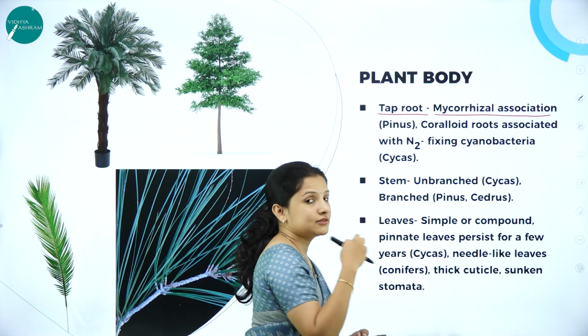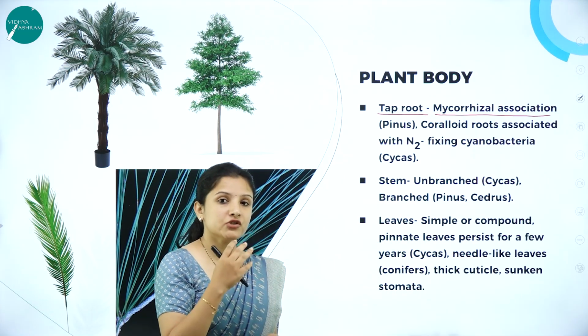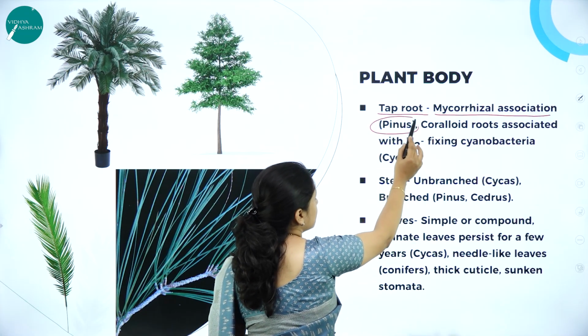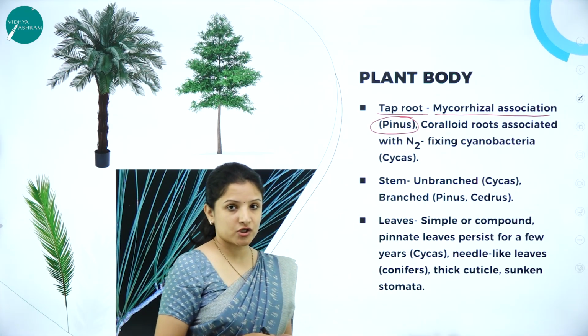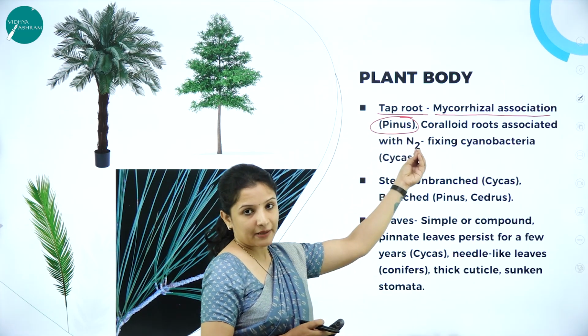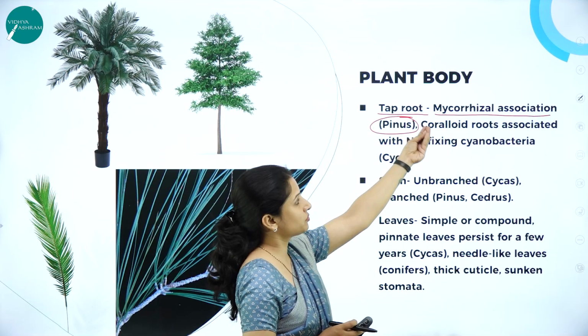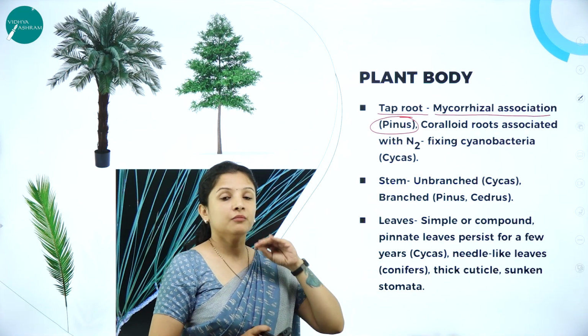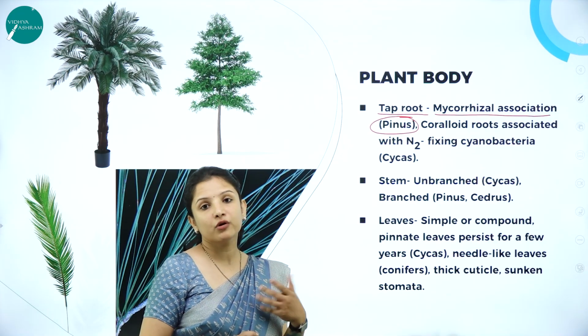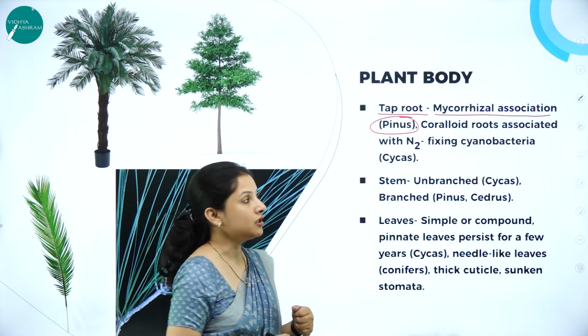This mycorrhizal fungus helps gymnosperm plants, especially Pinus. The roots of Pinus, which is a taproot, harbor mycorrhizal fungi, and because of these fungi, the plants are capable of absorbing more nutrients very easily from the soil.